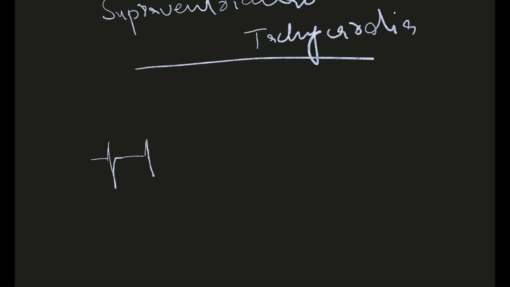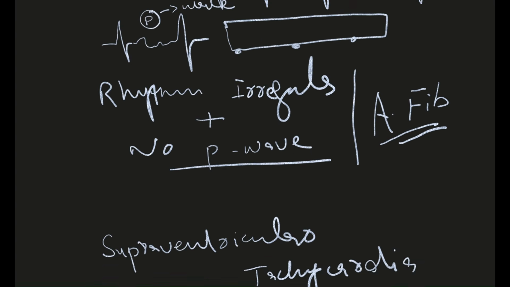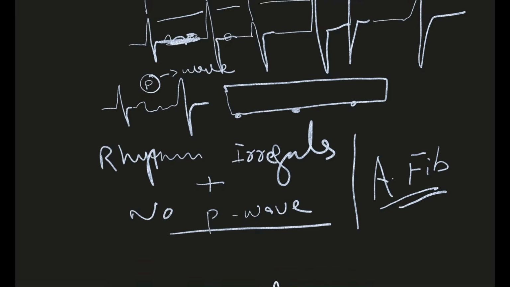tachycardia. All the QRS complexes having normal rhythm, but the patient's heart rate is very, very high and there is no discernible P wave. You can't see the P wave, but the QRS complex rhythm is similar. Look at the atrial fibrillation. There was a difference between the length of RR interval.